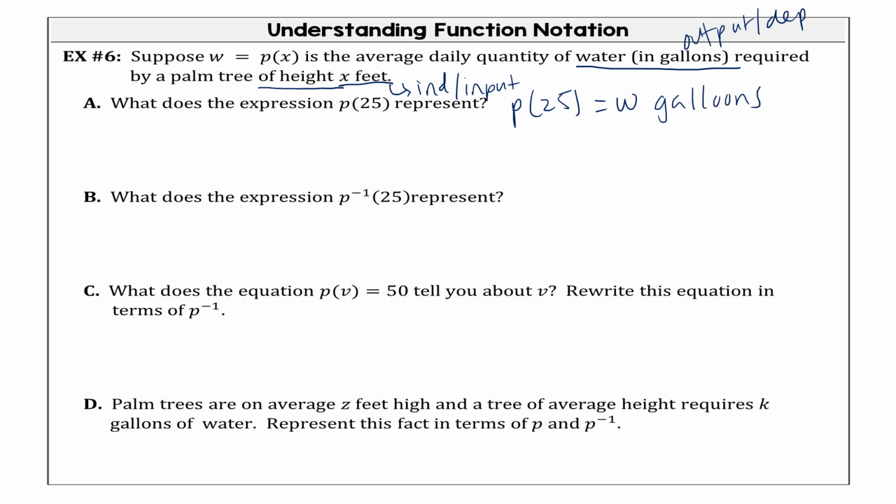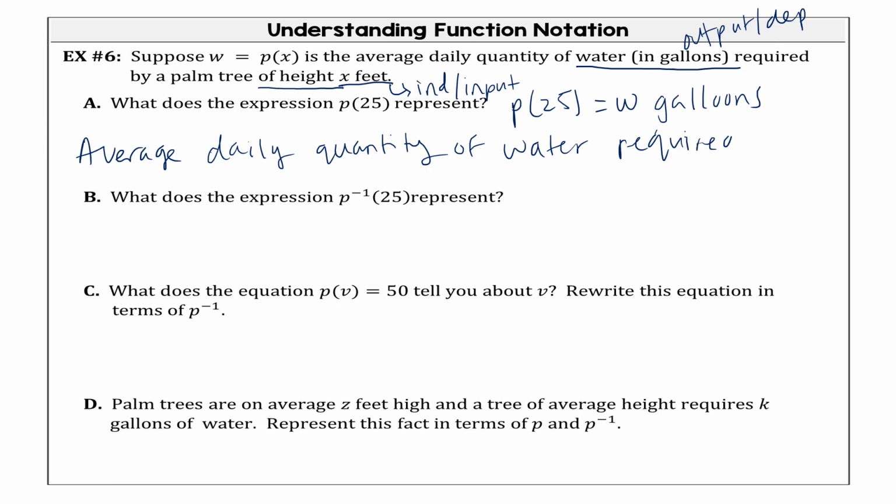I don't know what it equals, but I know it equals some gallons of water. So this is telling me it's the average daily quantity of water required for a 25-foot palm tree. That's what it means.